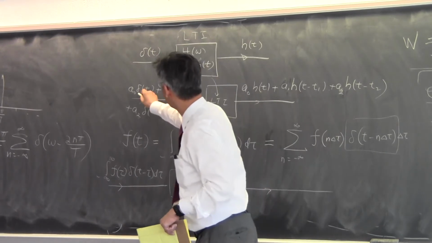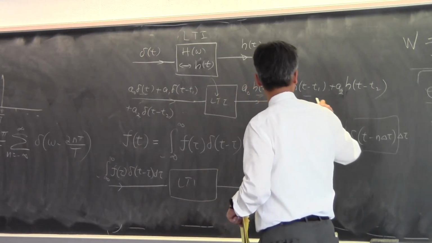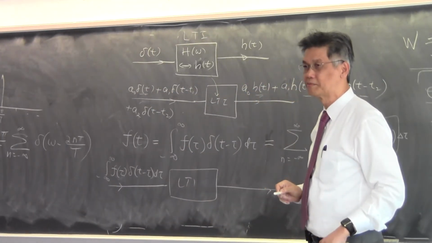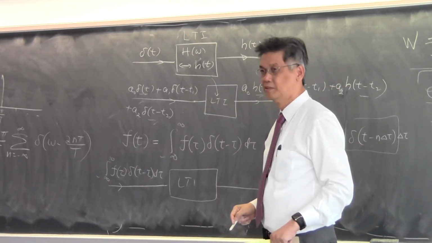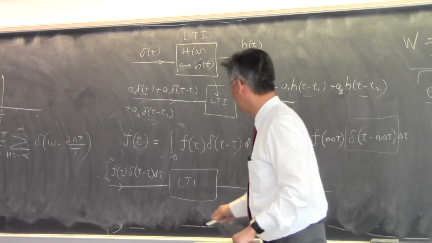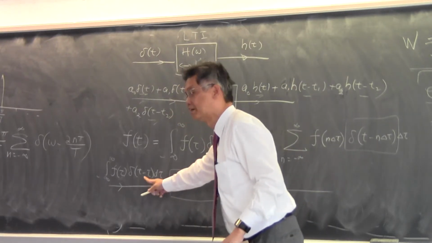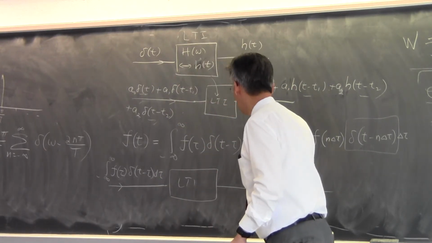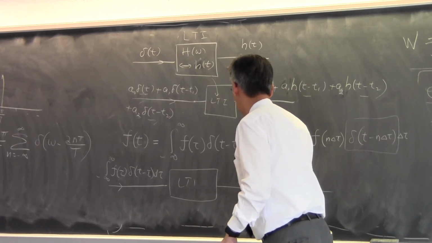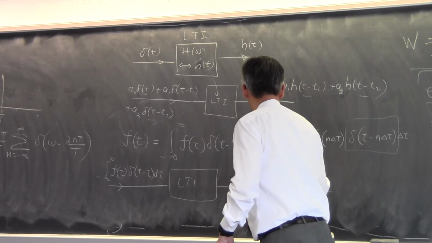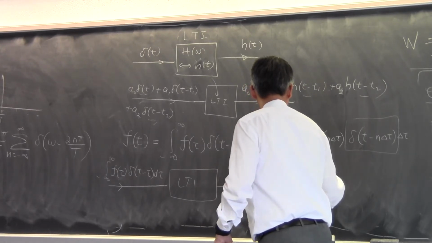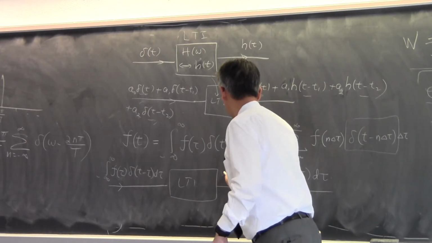Every place that I see a delta function, I just replace with the impulse response, when I invoke the principle of linear superposition. So every place that I see a delta function in the input channel, I replace it with the impulse response. So this is my output.